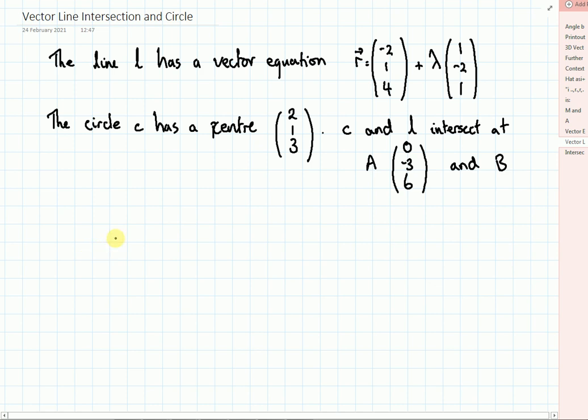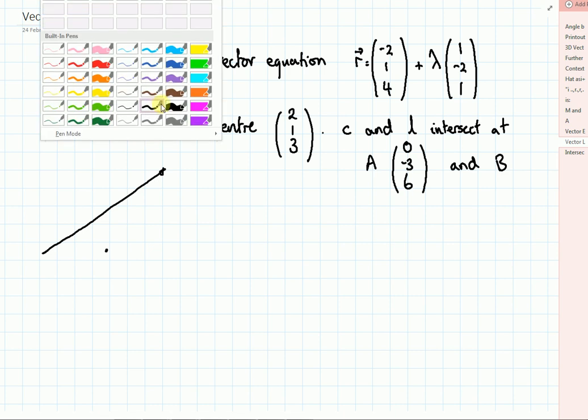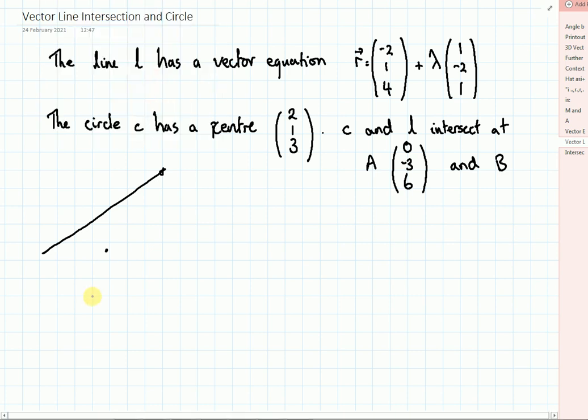So we've got a line, and I'll do this in purple to show the notes. We've got our point P, some point A over here, and a point B over here, and they actually give us a circle.